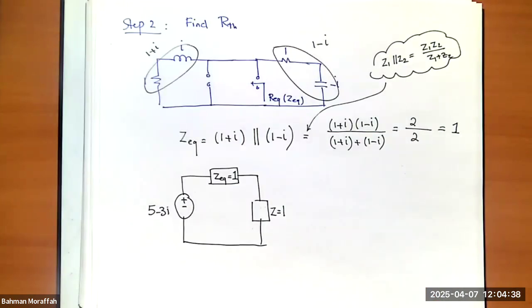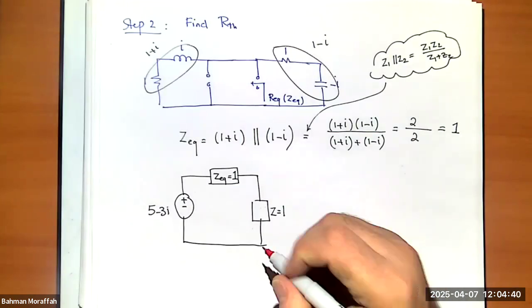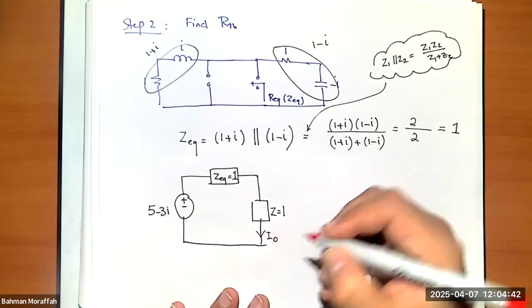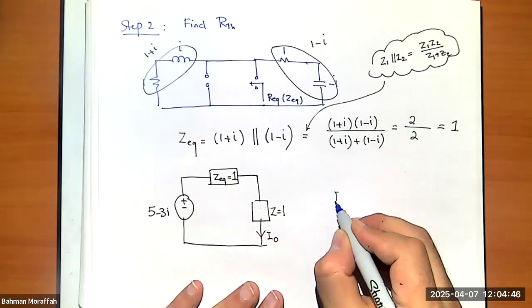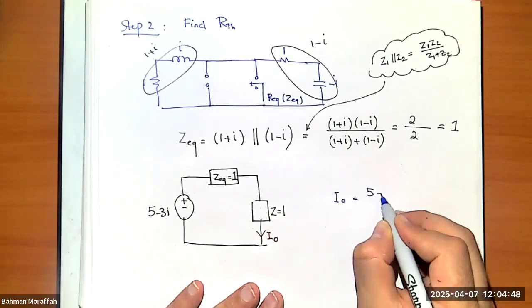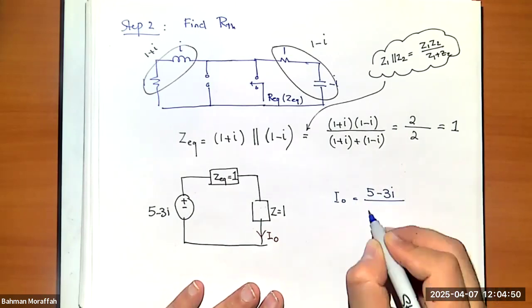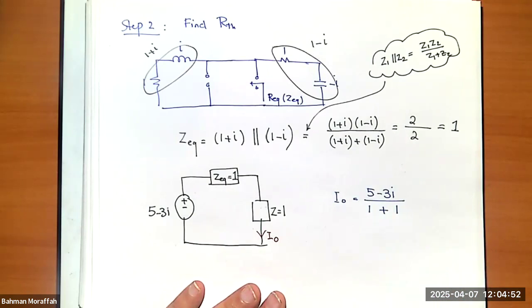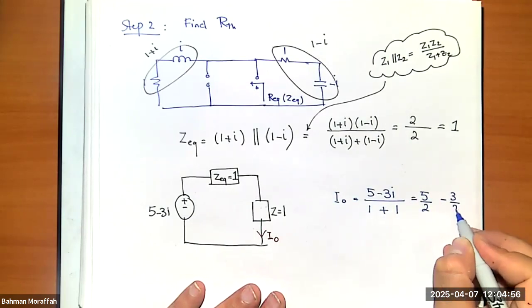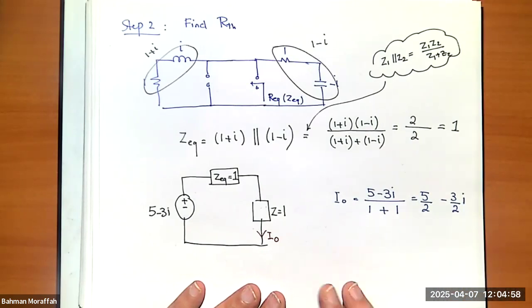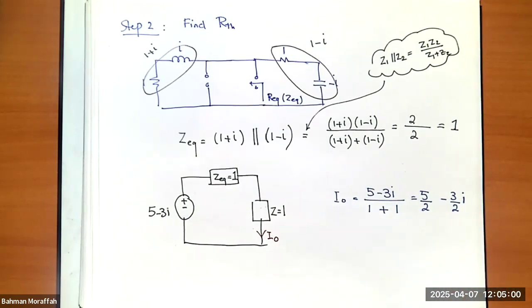Right? The question is, what is this I naught? Well, I naught is 5 minus 3I divided by 1 plus 1. Right? Which is 5 halves minus 3 halves I, which is exactly what we had before.